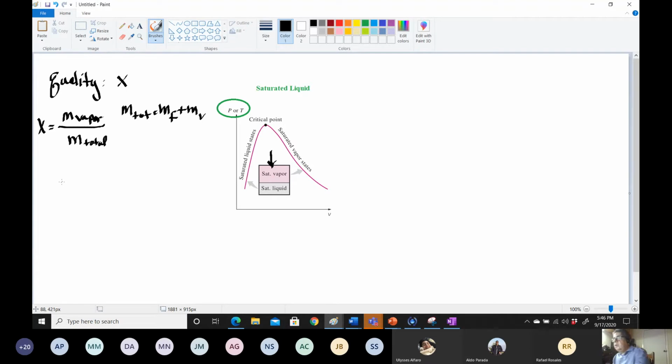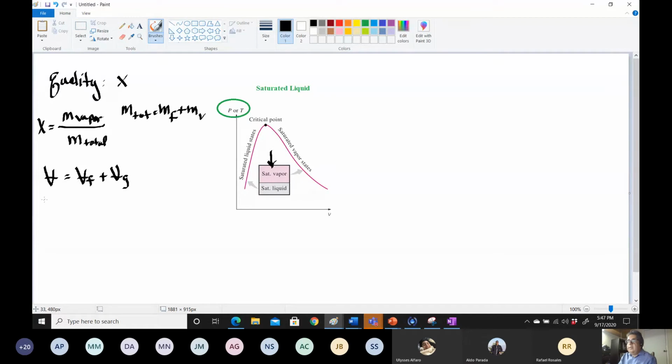All right, so let me show you something. I'm going to write volume as the letter V, and usually I put a little line here to designate volume, so that you don't think it's a velocity, especially when we start getting into kinetic energy and all that. So we're going to say the total volume is equal to the volume of the liquid plus the volume, again, little hash there, of the vapor.